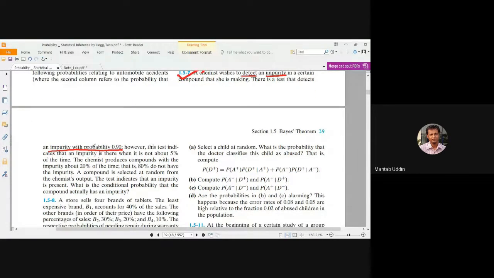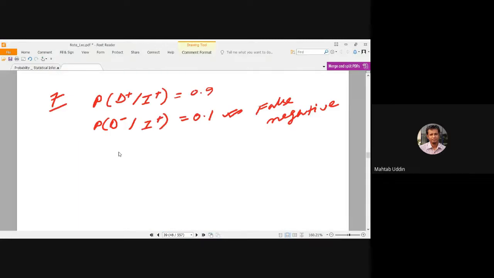However, this test indicates an impurity when it is not, 5%. Indicates the impurity when it is not. That is what? So false positive. Right. It indicates this, but it is not an impurity. So this is 0.05.